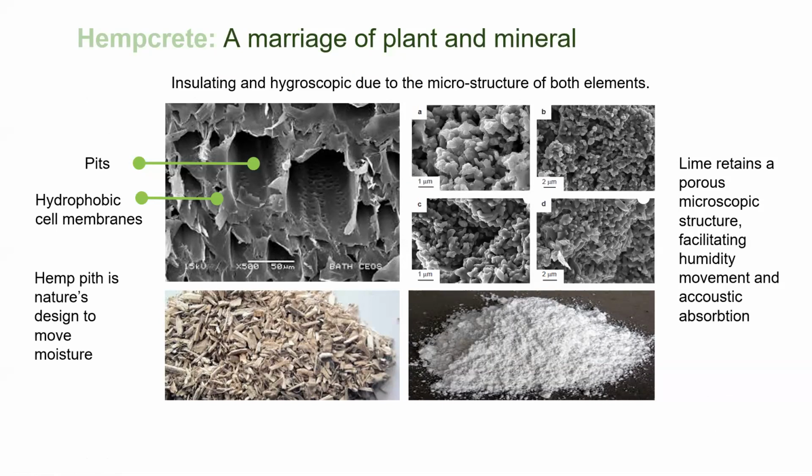And then if you look at the lime, you can see that it also has a very open structure, as opposed to cement, which would be much denser and doesn't have the properties to allow moisture to move through the wall. So that's why returning to this very ancient building material works better than concrete does in preserving the wall.